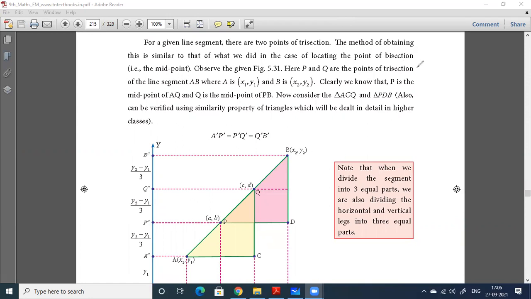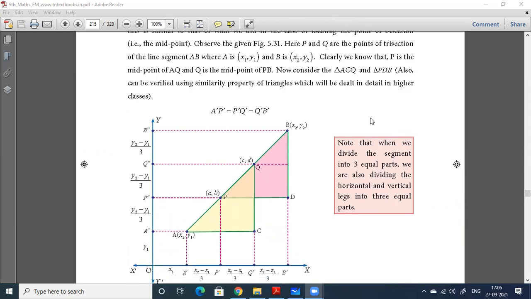P and Q are the points of trisection of the line segment. A is equal to (x1, y1) and B is equal to (x2, y2). This is the point A equal to (x1, y1), and this is the point B equal to (x2, y2).